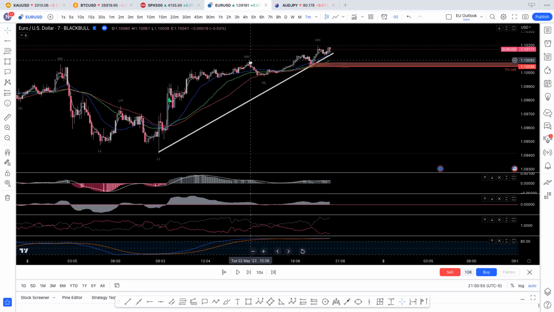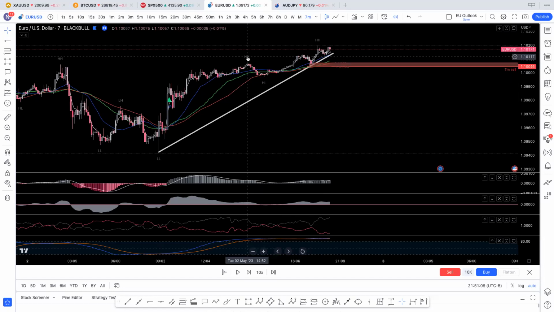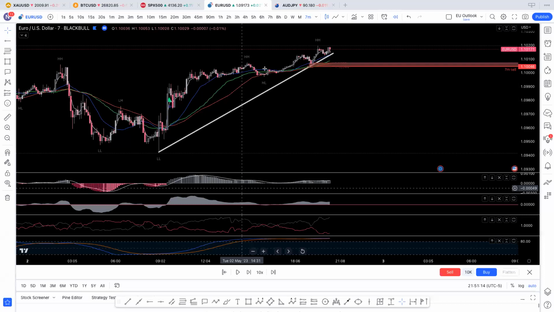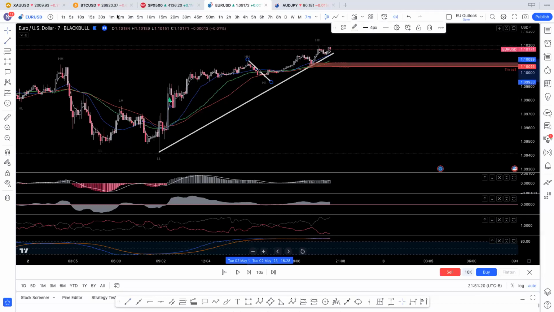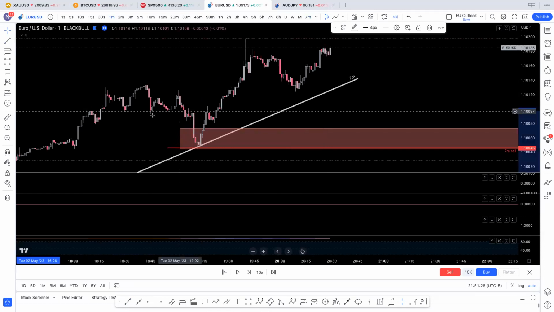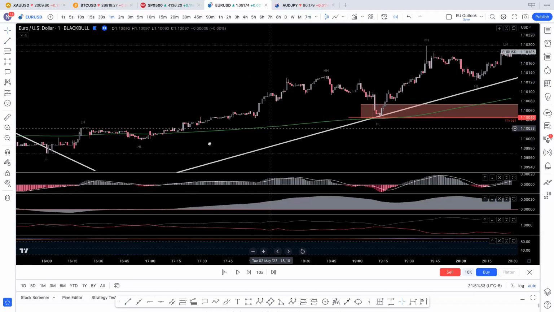However, let's say I were looking for a pullback, this would be my indication right here, because I have a print for both the high and the low for the pullback, and I would drop down in my time frame. 5 minute is my analysis, and so my pullback time frame is half or up to 3/4 of my analysis time frame.